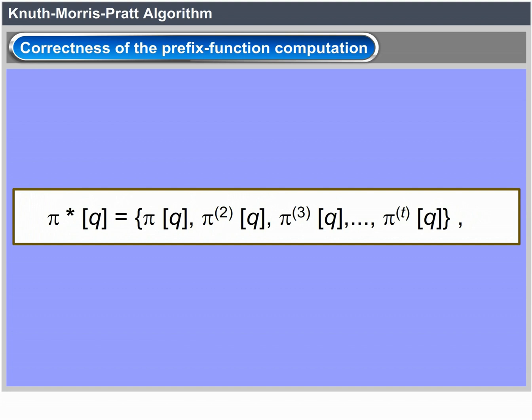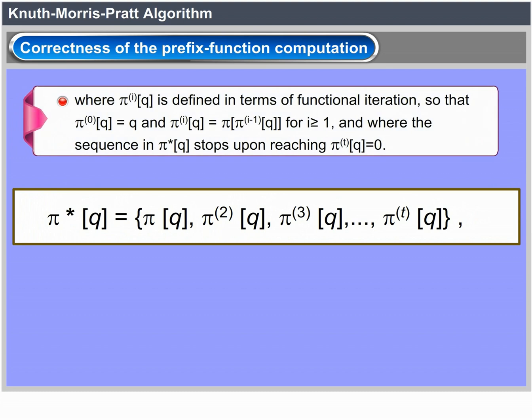Let pi star of q equal pi of q, pi square of q, and so on up to pi power t of q, where pi power i of q is defined in terms of functional iteration, so that pi power 0 of q equals q, and pi power i of q equals pi of pi power i minus 1 of q for i greater than or equal to 1, and where the sequence in pi star of q stops upon reaching pi power t of q equals 0.